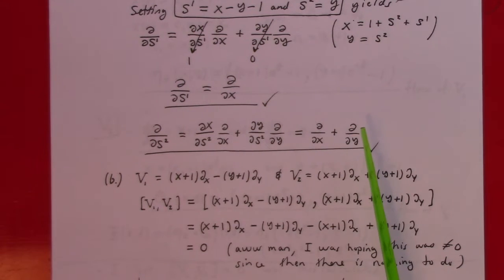Now, it's kind of funny because you might think that because you want V1 to be partial s1, and V1 is just partial x, you might think that you should make s1 equal to x.